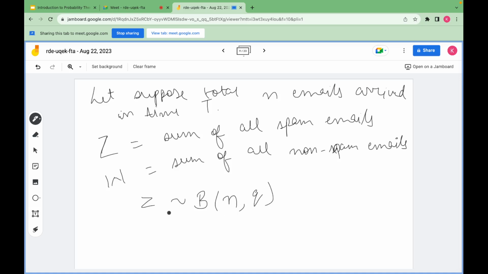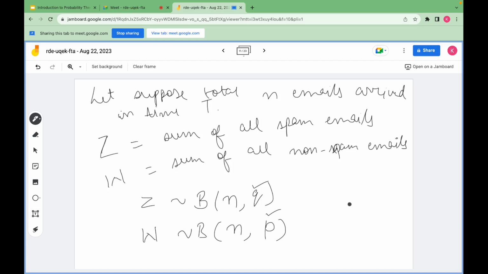This distribution will tell us that out of n emails, how many of them are spam, given the probability of spam emails is q. Similarly, W is binomial distribution with n comma p. This will tell us out of these n emails, how many are non-spam, given the probability of a non-spam email is p.